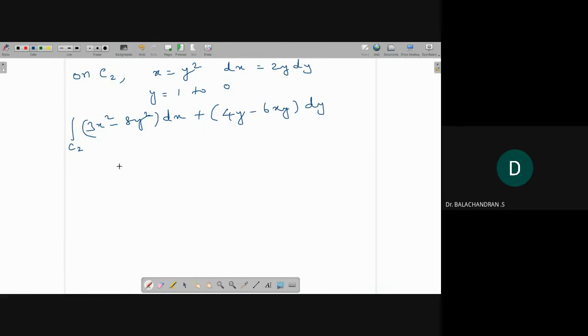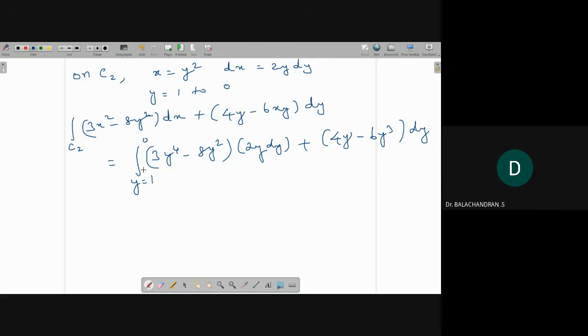Now just substitute these values. 3x square is 3y power 4, minus 8y square into dx. dx is 2y dy, plus 4y minus 6 into x, x is y square, so minus 6y cube into dy.